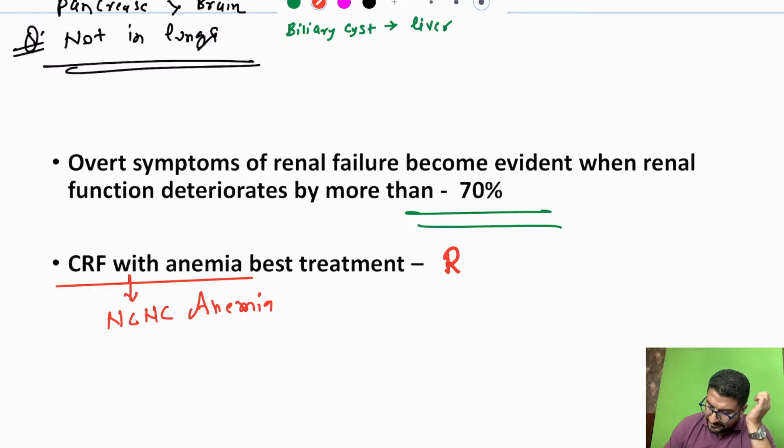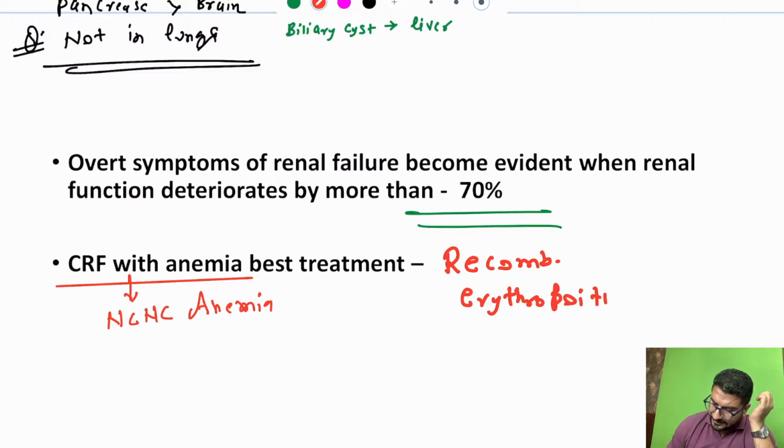Best will be recombinant erythropoietin, like we have epoetin alpha, darbepoetin alpha.